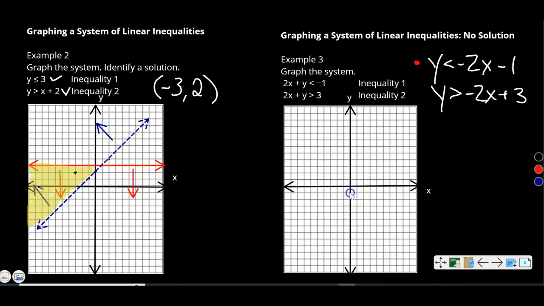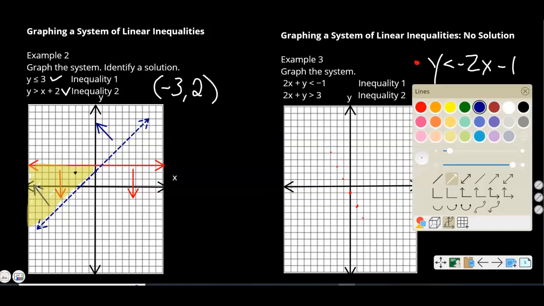So I'm going to have a dot here for -1, my y-intercept, and then my slope of -2, down 2 over 1. Also could rise 2 and go left 1, which is the same slope there. So let's use a dotted line because this is less than this.